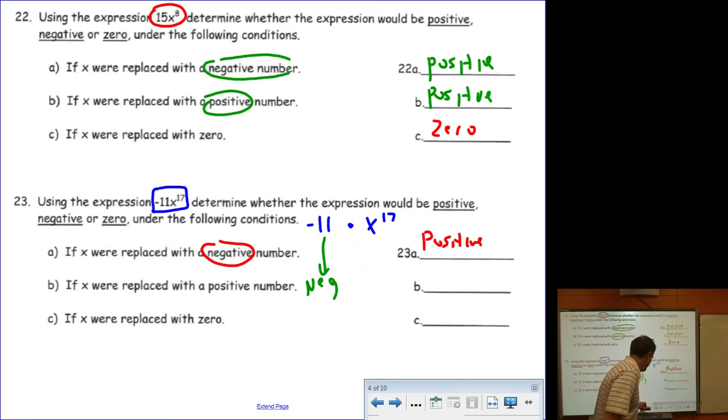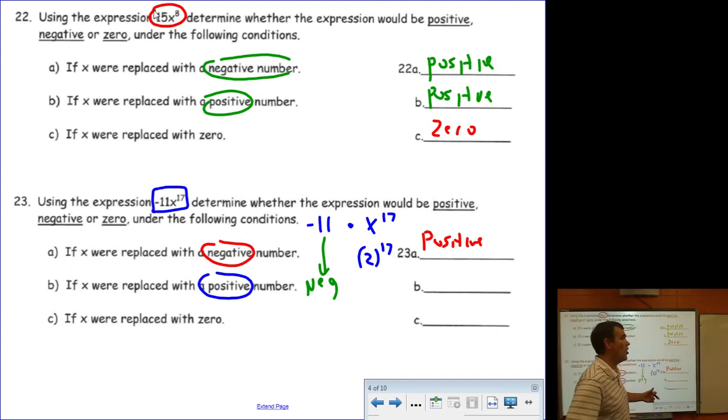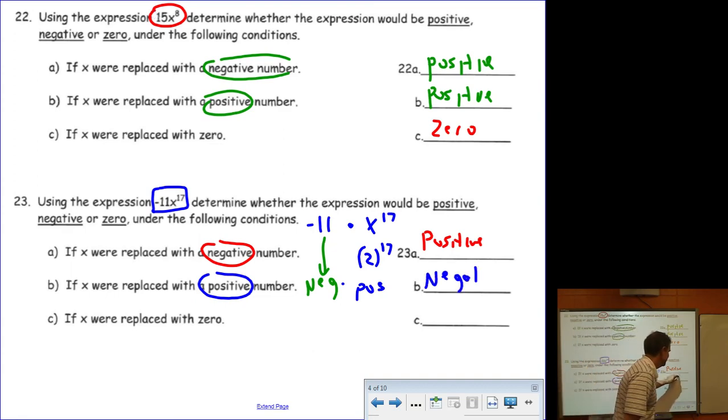What if I put a positive number in for x? Like positive 2. A positive number to the 17th power, any positive number, always ends up positive. So now I end up with a negative 11, which is negative, obviously, times a positive result for x, and a negative times a positive is negative.